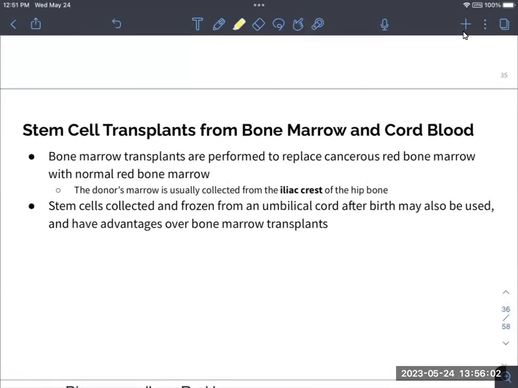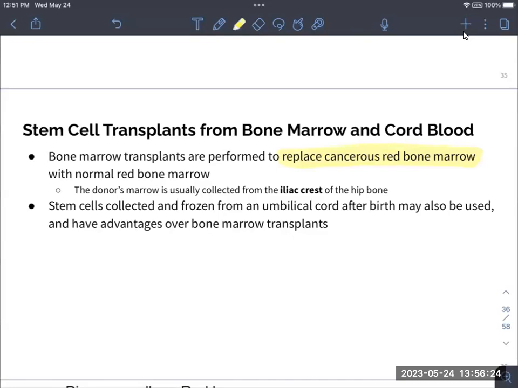So I'm sure most of you, somewhere, could have been even a TV show, have heard about bone marrow transplants. Bone marrow transplants are used specifically to replace cancerous red bone marrow, because red bone marrow can develop cancer.